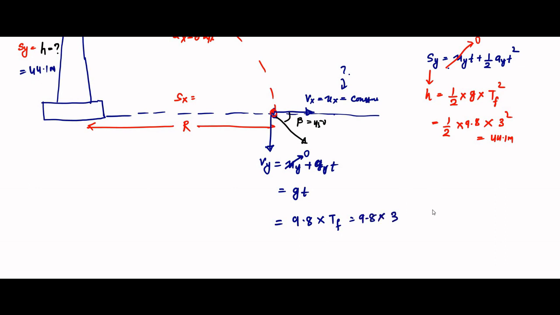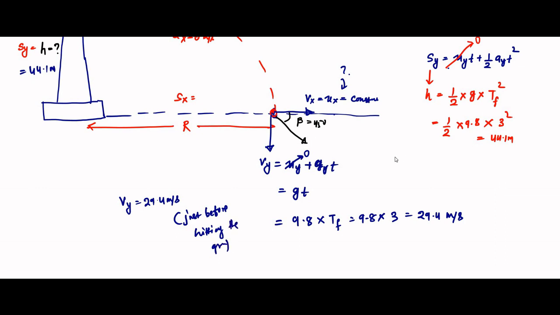So it is coming around 29.4 meter per second. Okay, Vy is equal to 29.4 meter per second just before hitting the ground. That's why we took t equal to time of flight.